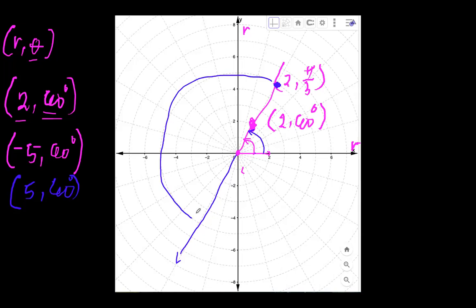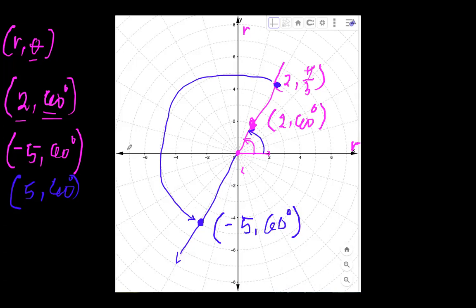So it's here. Here we go. So this is our (-5, 60 degrees). So instead of plotting -5, plot the absolute value of 5 for you to easily identify the location of the point given (-5, 60 degrees).